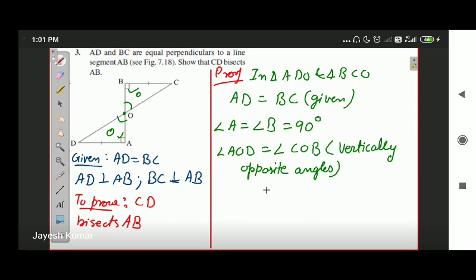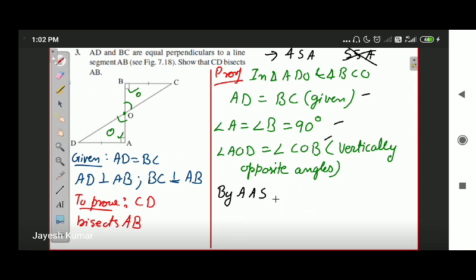Now let's see. So we have two angles and one side. But the problem is the side is not between the angles. So the congruency used is AAS. This is the modified version of ASA congruency. Okay. You cannot use SSA congruency. That is not a valid congruency. But for angles it is quite valid.